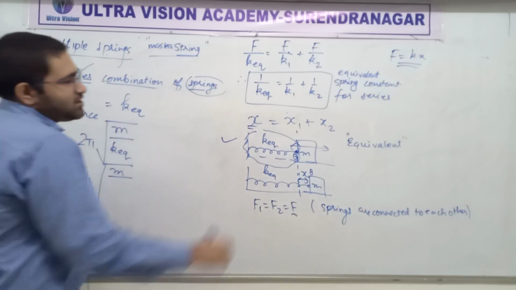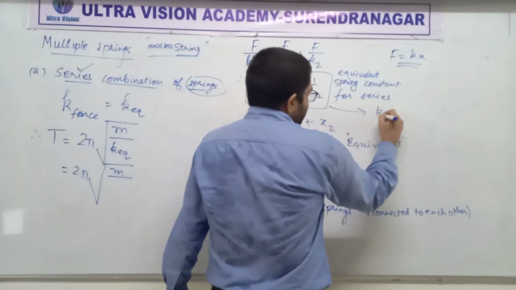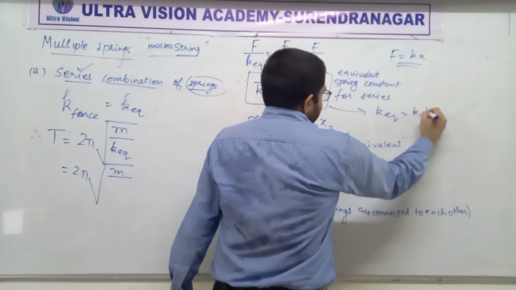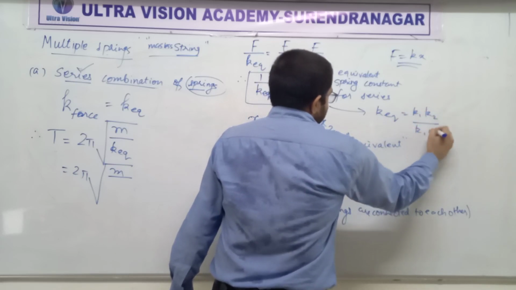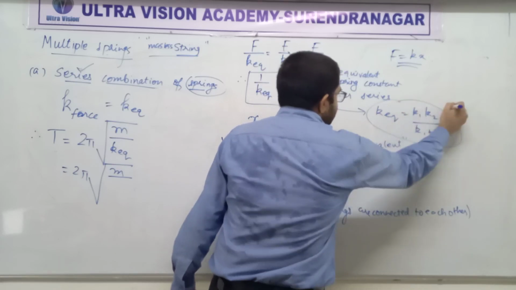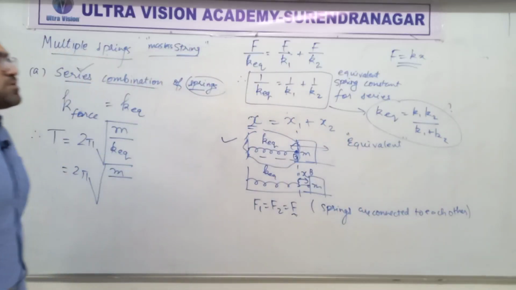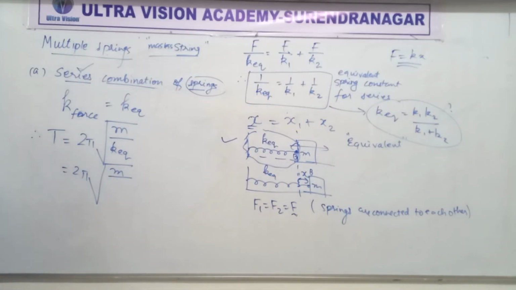Another way to write this same thing would be K1 K2 upon K1 plus K2. Is this okay to everyone? You can also write this as K1 K2 upon K1 plus K2, just taking LCM and all that.